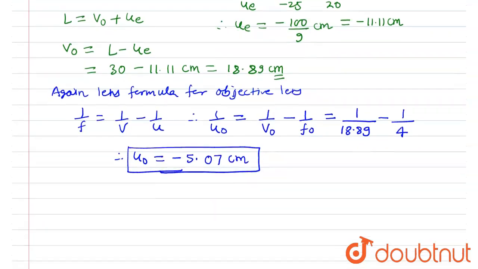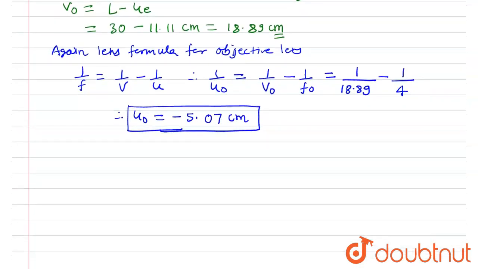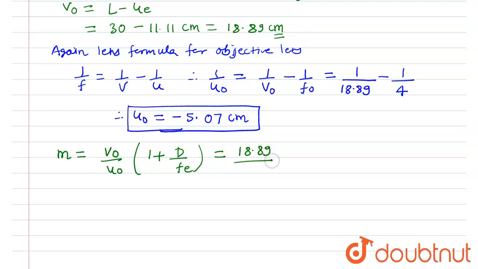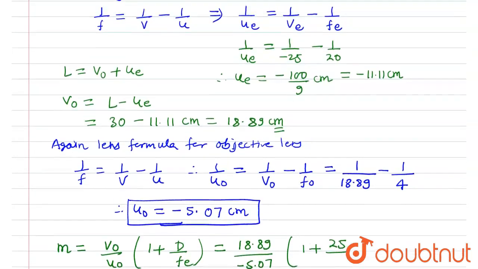Now we can find the value of M easily. So M will be Vo upon Uo times (1 plus D upon Fe). So Vo is 18.89 upon Uo is minus 5.07, times (1 plus 25 upon Fe).